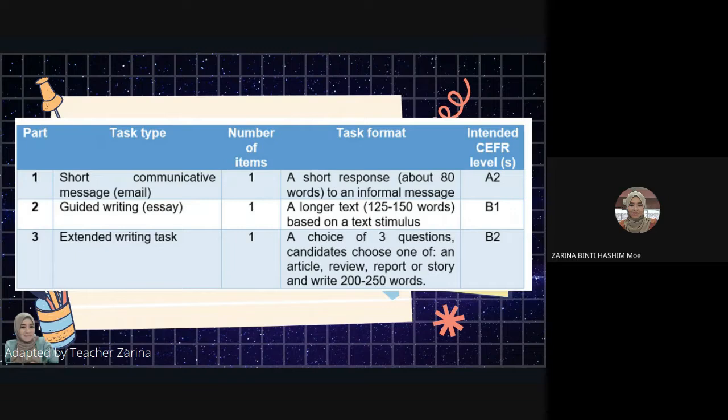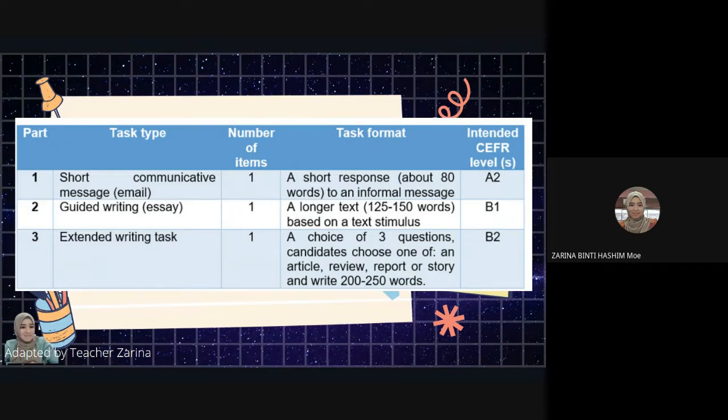If you see the sample questions that we have discussed before, they are normally on article, review, and report or story. So they might ask you to write a formal letter as well, so just be prepared.